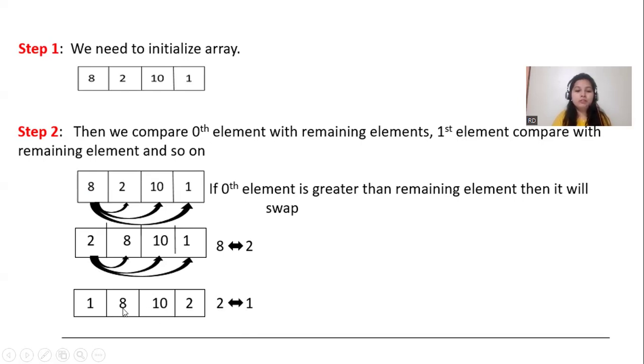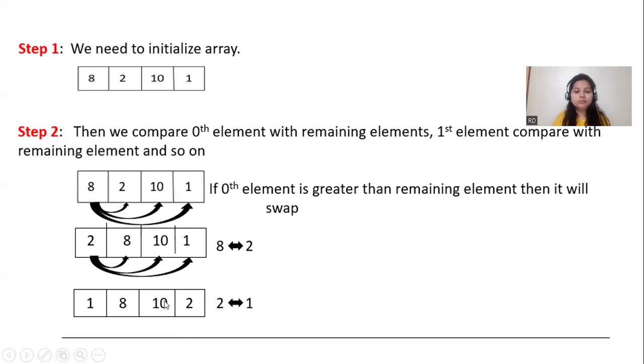After that, we will compare 8 with 10 and 2. Again 8 is greater than 2, then 8 will be swapped with 2. After that, here 1, 2, here 10 and 8.